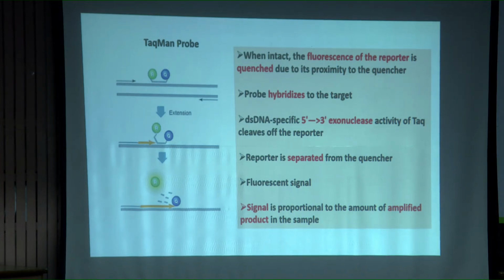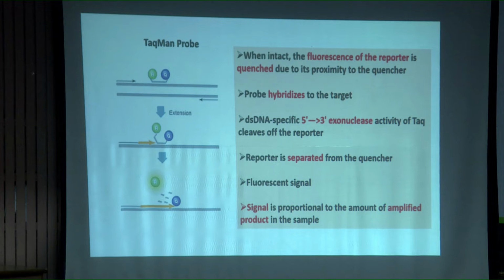In the process, the reporter, the fluorescent molecule, is away from the quencher, so it is not under the control of the quencher any longer. That activates this molecule to fluoresce.